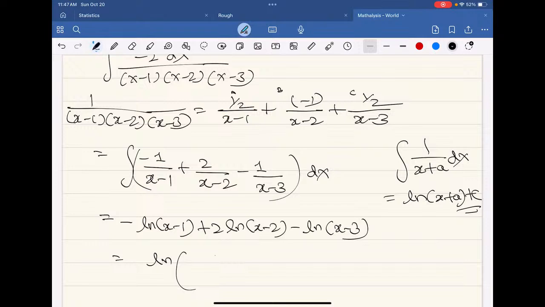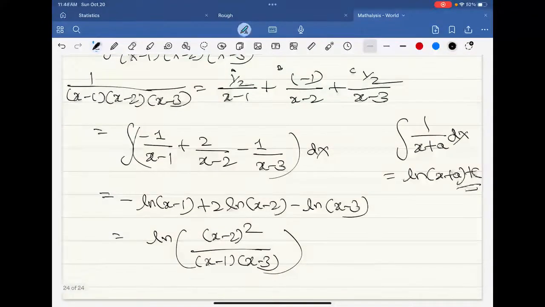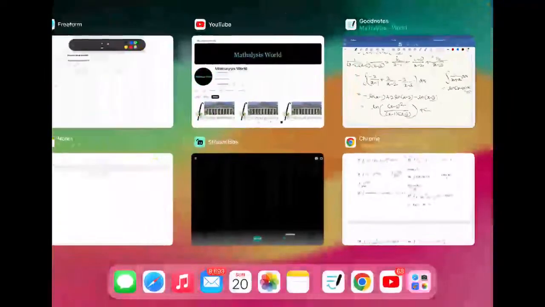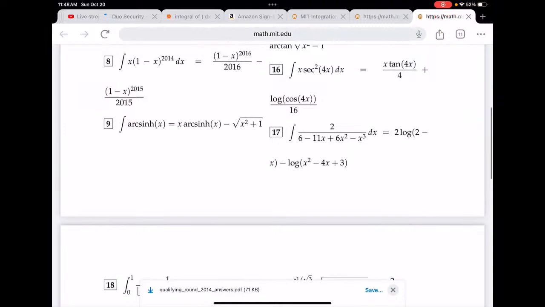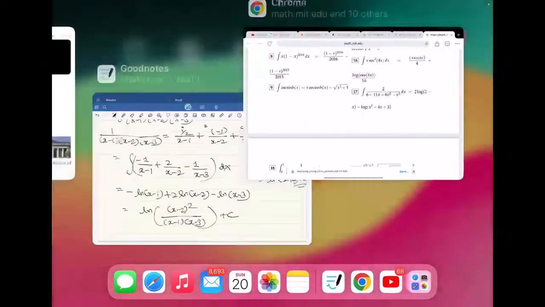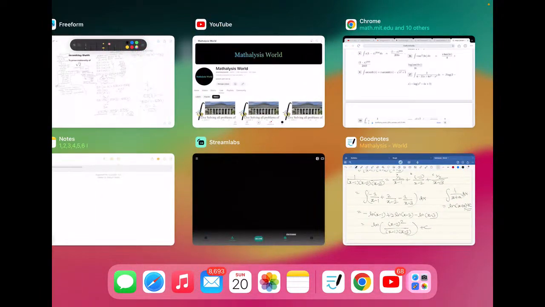And now I can write this as log of the positive terms in numerator, so we will have x minus 2 square divided by x minus 1, x minus 3. And this should be our answer with a plus c. So let's take the answer. Let me also multiply that.